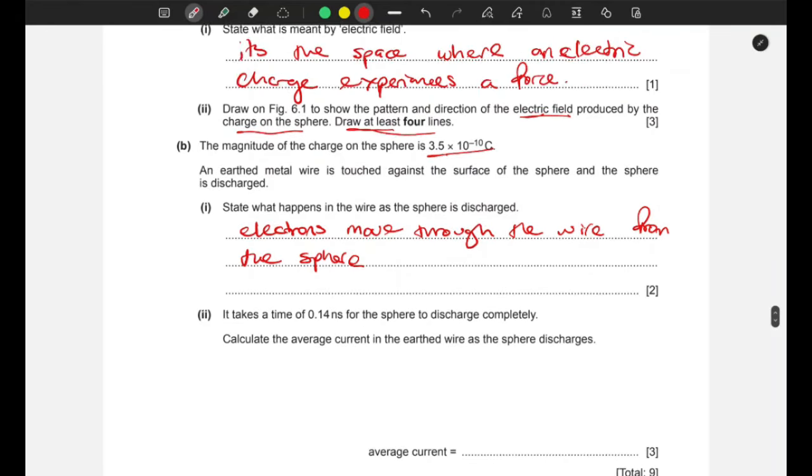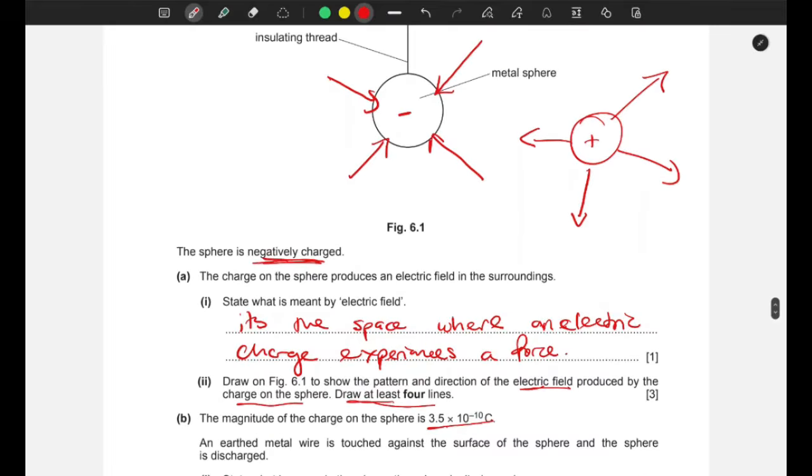So that's going to be our answer. So if we have a wire and it's earthed, all the negative charges move through the wire, and the sphere becomes neutral.